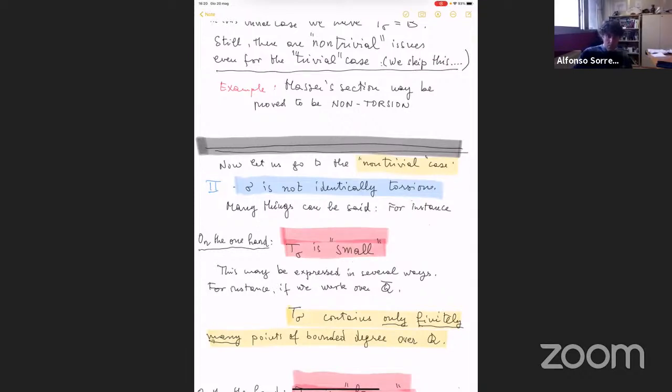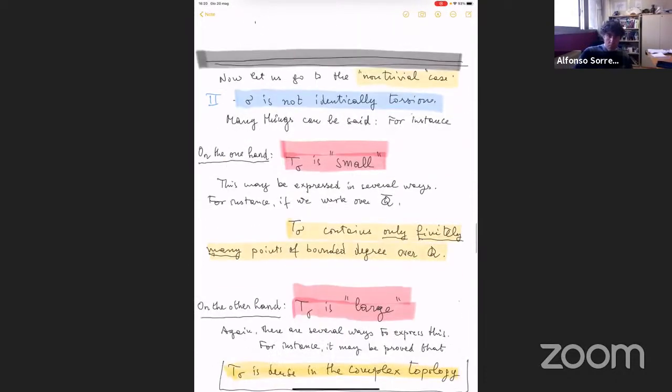Now let us go to the non-trivial case, non-trivial in the sense that the section is not itself identically torsion. And then what can be said on the torsion set? The section does not produce identically torsion points, but still the torsion set could be very large. Let us recall what can be said.